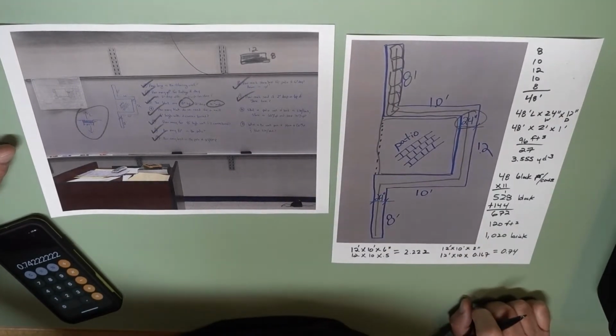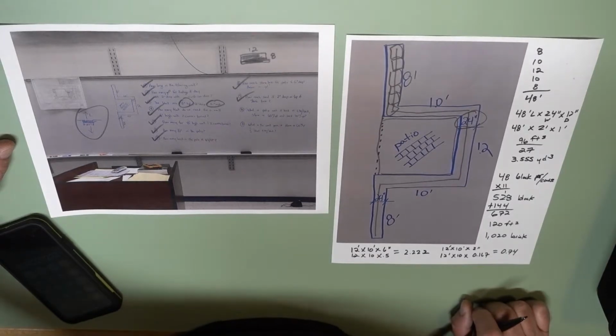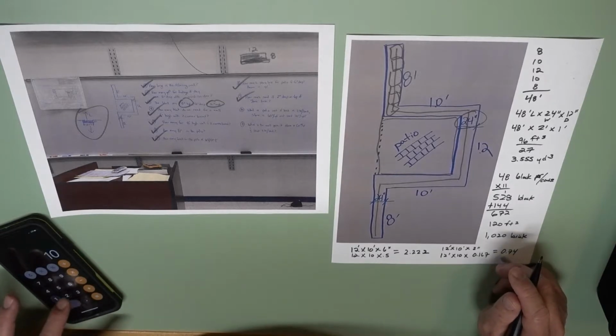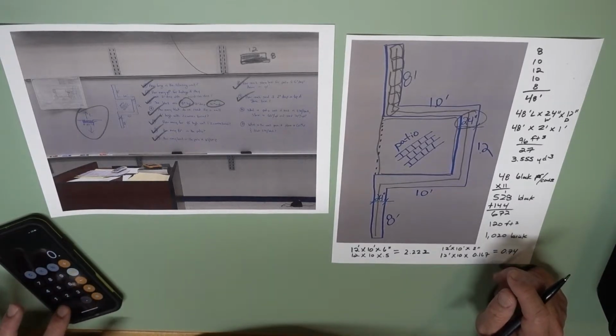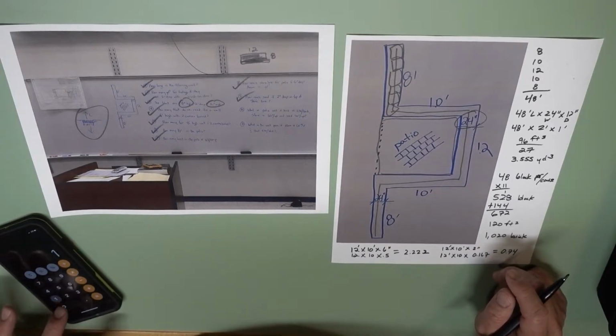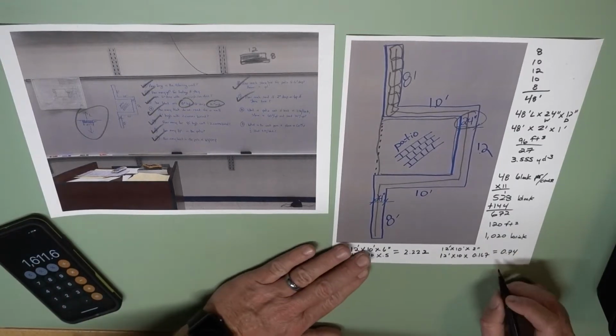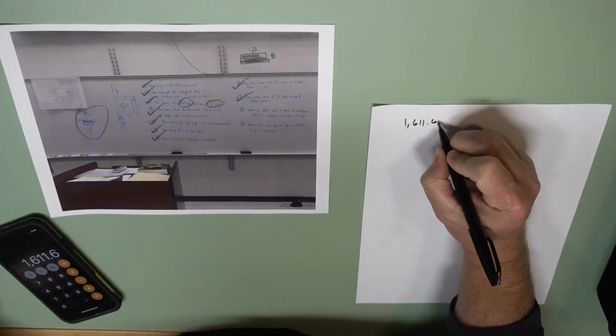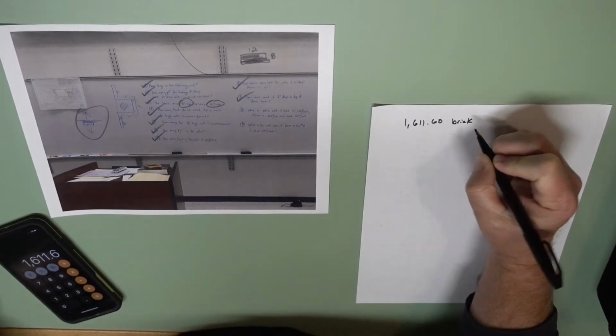Question 9 is complete. What is the patio cost of brick? If it's $1.58 per brick, stone is $60 per yard, and sand $70. Okay, so we need 1,020 brick times $1. Well, 1020 times 1.58. So we need about $1,611.60 for the brick cost.